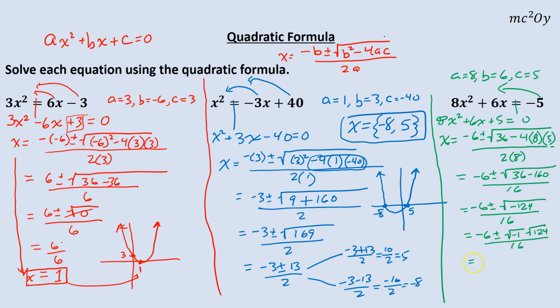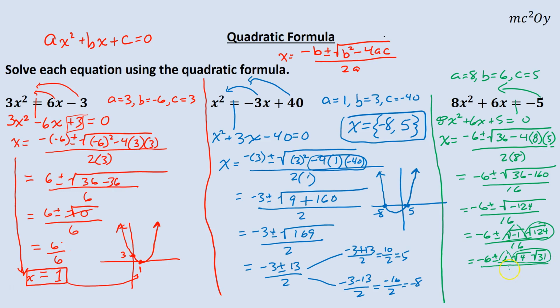And some of you recognize right away that that root 124 has a perfect square that goes into it. So root -1 is going to become i. Root 124 is going to break up, and we're going to break that up into root 4 by 31. Okay, so this becomes this piece right here, and then this became this piece right here.